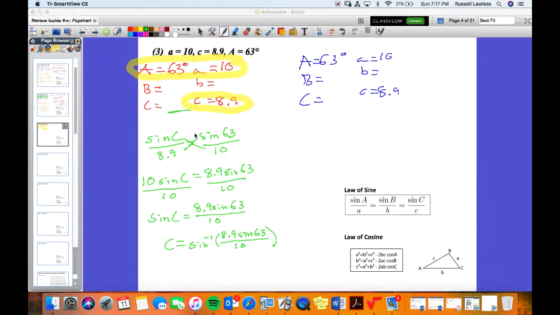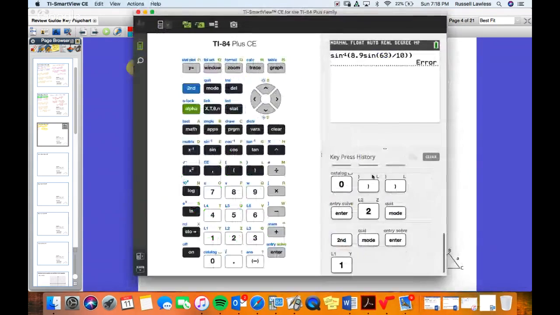So 10, 8.9, sine 63 over 10, sine inverse of 8.9 sine 63 over 10. Oh, you know what?